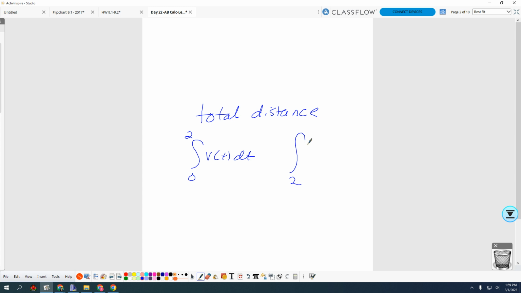So on the problem that you guys had, the velocity went negative at 2. So if I integrate this first piece, I get 5/3, and integrating this, I get negative 11/3. If I add them together, that's still the wrong answer.